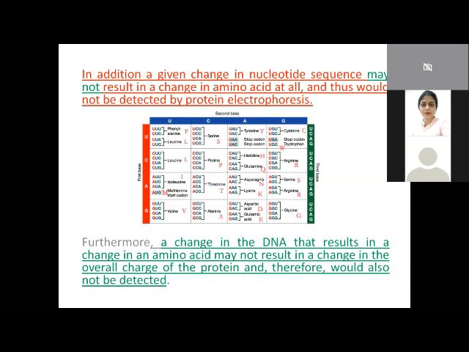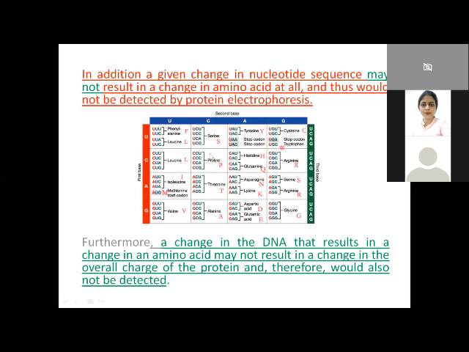But what happens if you go through your genetic code? Suppose the same amino acid is coded by different codons. Here you see proline. Proline is coded by CCU, CCC, CCA, CCG. Suppose you are analyzing one protein or one enzyme.